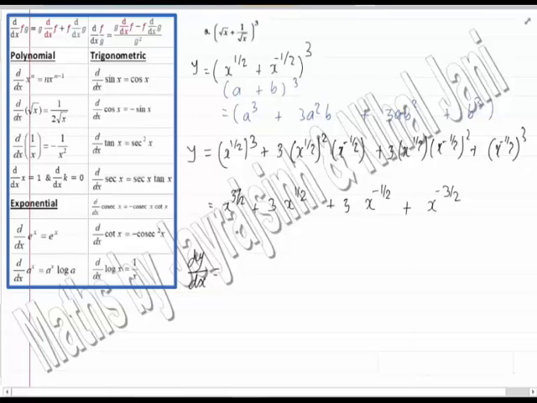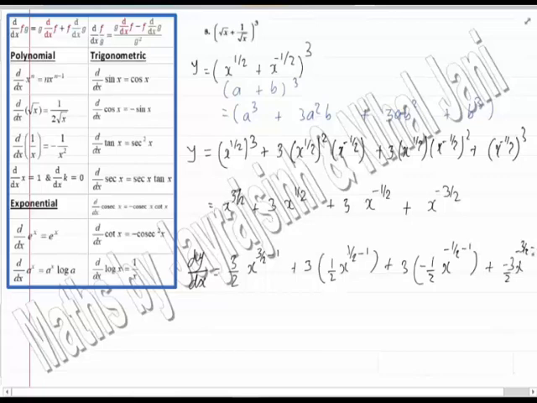So the differentiation of x raised to 3 by 2 is 3 by 2 x raised to 3 by 2 minus 1 plus 3 as it is. Differentiation of x raised to 1 by 2 is 1 by 2 x raised to 1 by 2 minus 1. Similarly, third term minus 1 by 2 x raised to minus 1 by 2 minus 1 and minus 3 by 2 x raised to minus 3 by 2 minus 1.